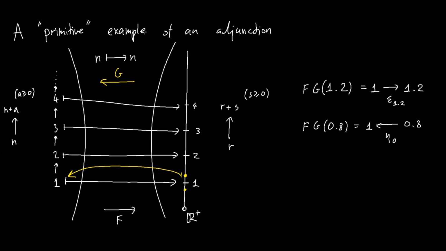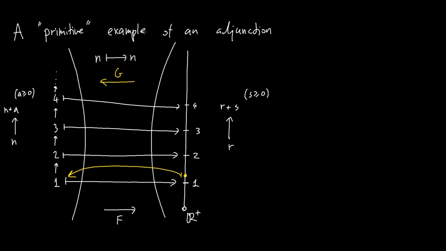So let me go back now. I want to have a morphism, a functor G backwards.